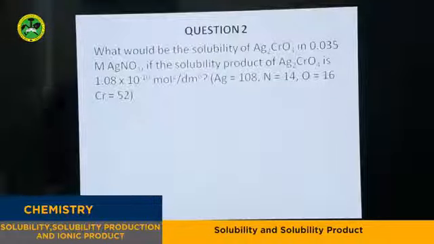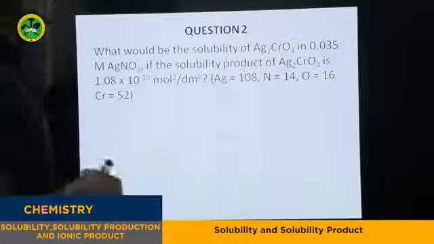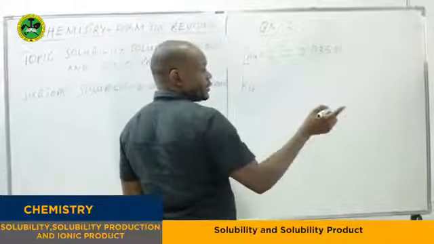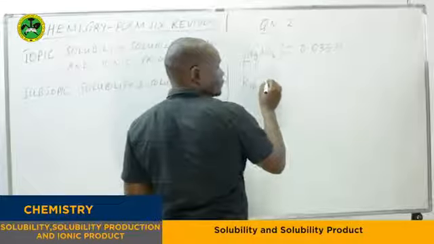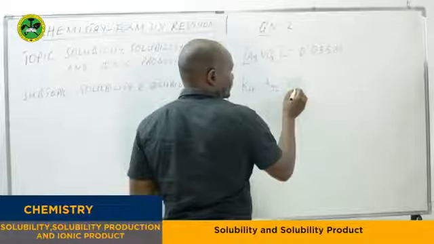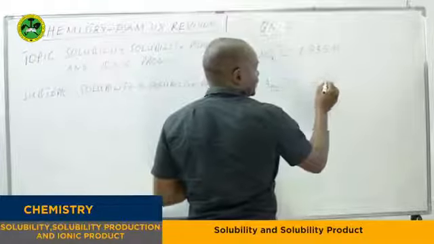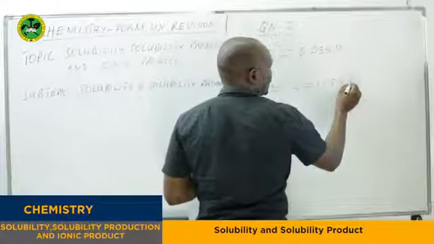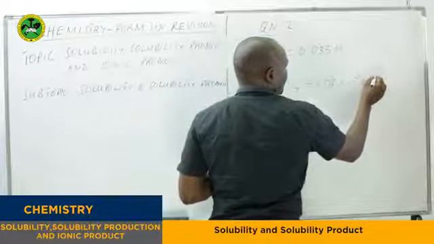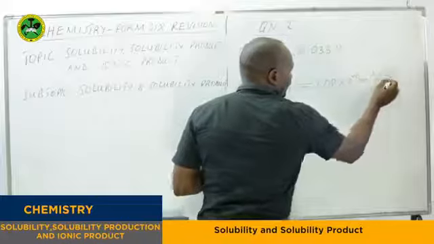And we also have been given the solubility product, the Ksp of silver chromate, which is equal to 1.08 times 10 power negative 10 moles squared decimeter per negative 6.